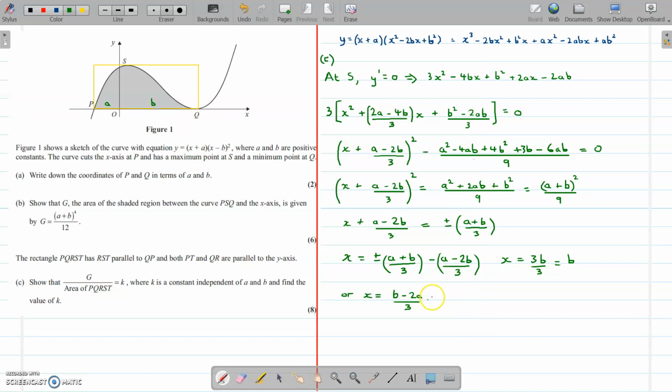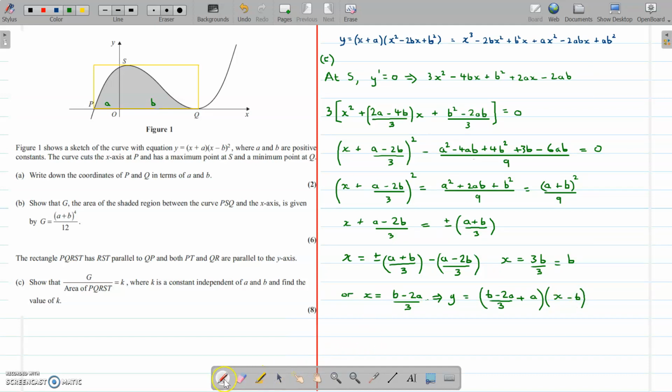So y at this point is going to be b minus 2a over 3, that's x plus a, times x minus b, all squared.